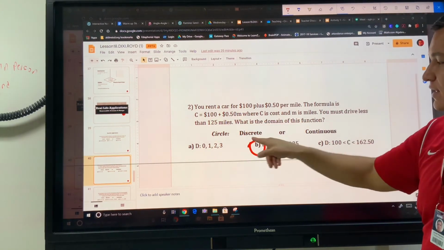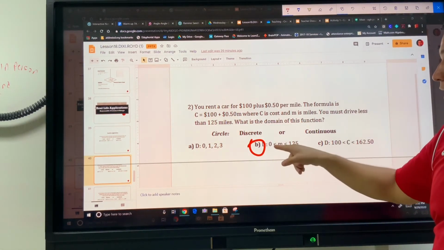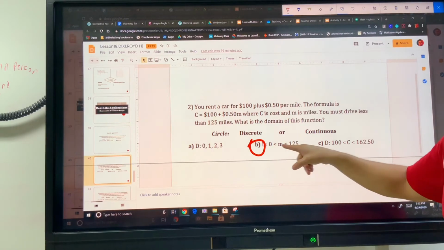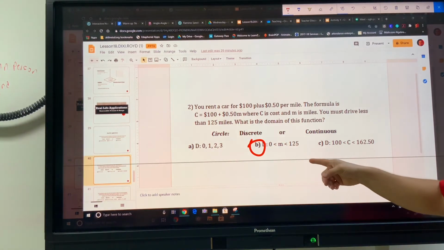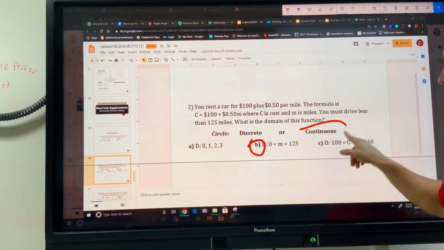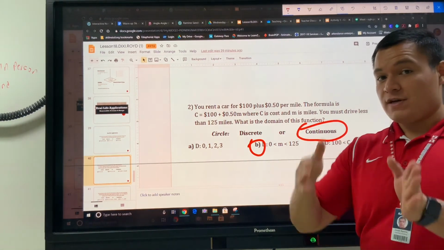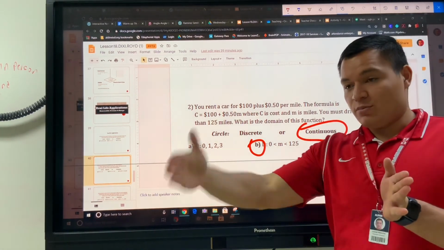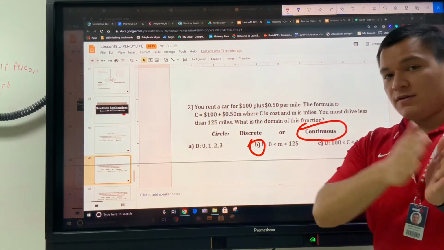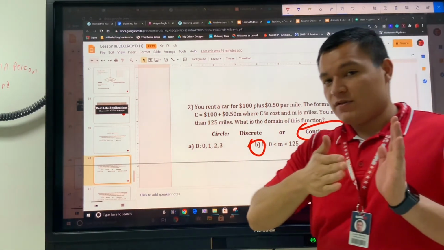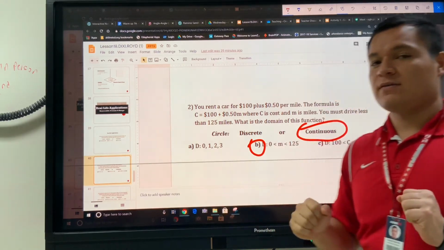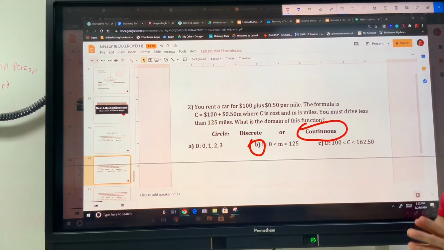So if b was the answer, does this inequality include decimals? Yes, it does, so this is continuous. When you're driving your car, you're not here, and then you teleport and you're here. You start here, and then you slowly move to one place else, or quickly move depending on who's driving.